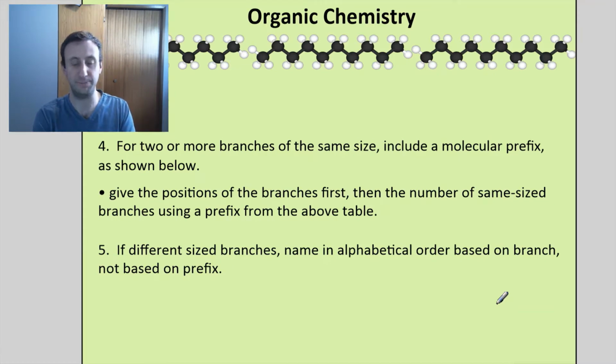We can even get to butyl. We don't normally get past that because then it would be part of the parent chain if I have a really long branch. If I have more than one branch, then I add a prefix. I list both numbers. So let's say I have a methyl branch on carbon 2 and carbon 3 of my parent chain. I would say dimethyl, but I would actually say 2,3-dimethyl.